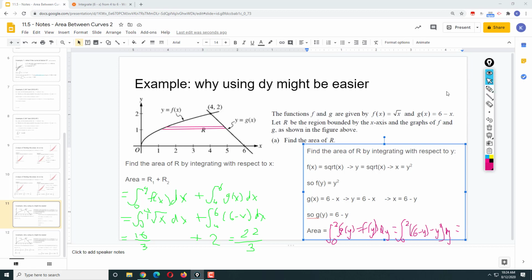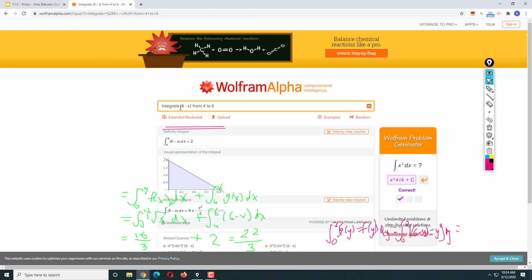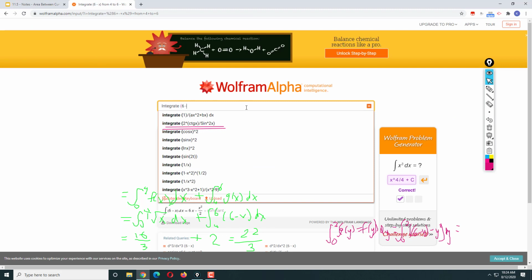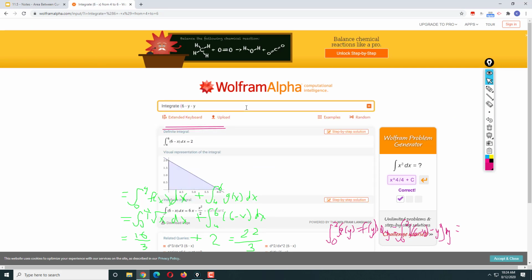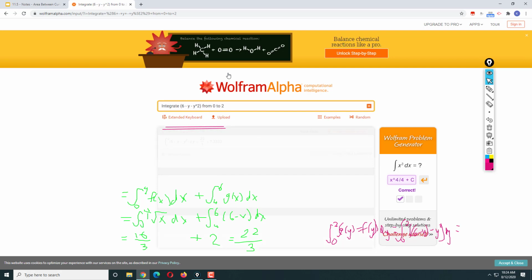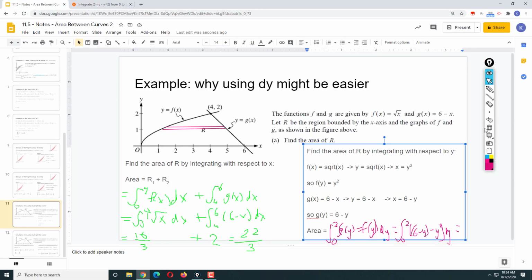Again, we can use Wolfram Alpha to calculate our integral. We're integrating 6 minus y minus y squared from 0 to 2. And we get 22 over 3.